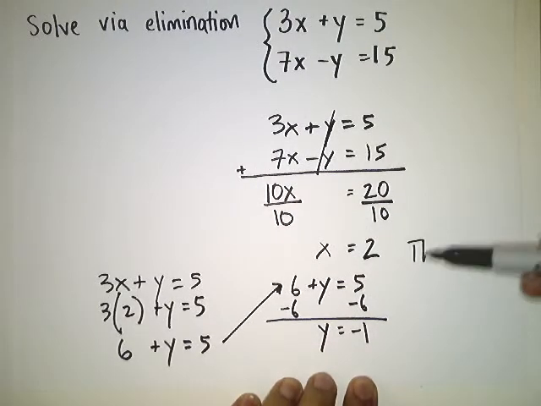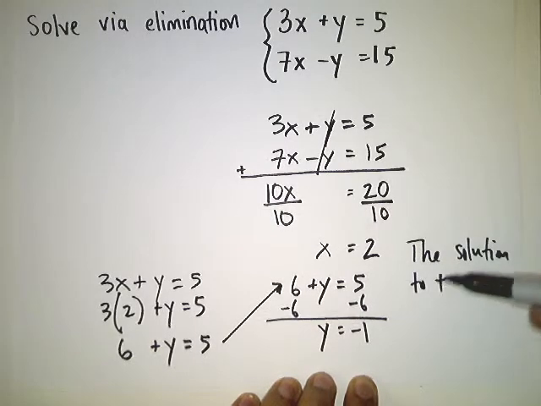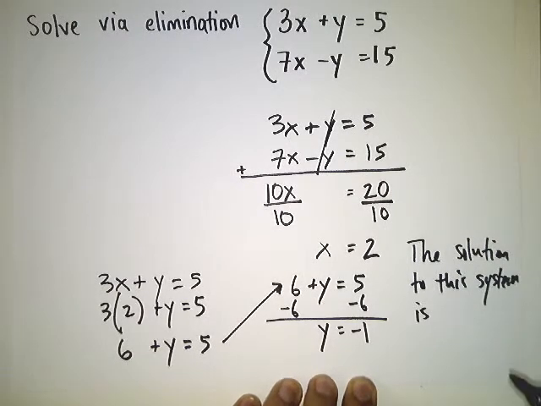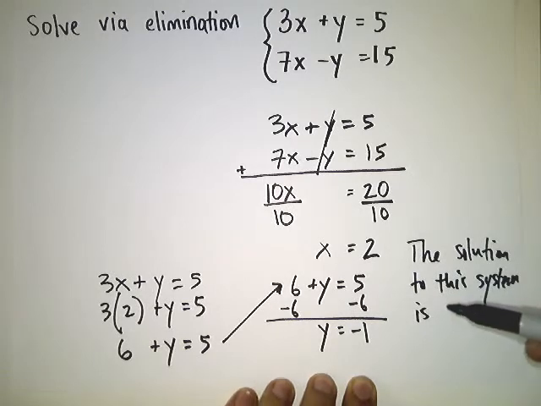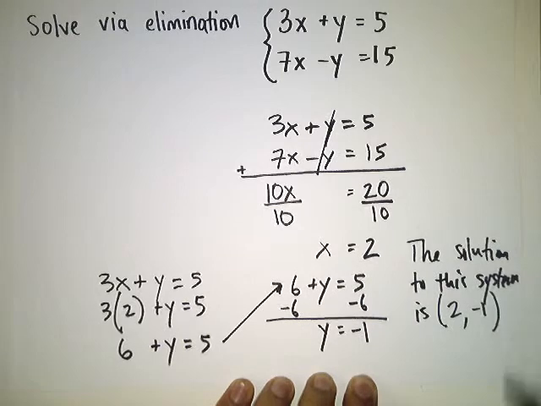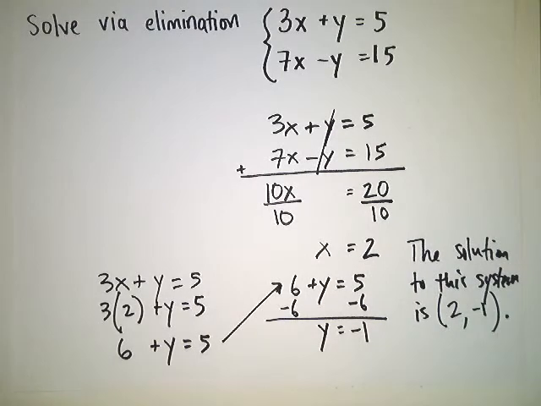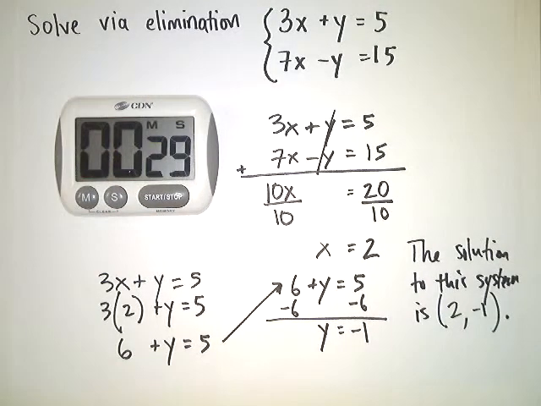So the solution to this system is, and we're going to write our solution as an ordered pair, (2, negative 1). Take 30 seconds if you were a little bit behind. Get that down.